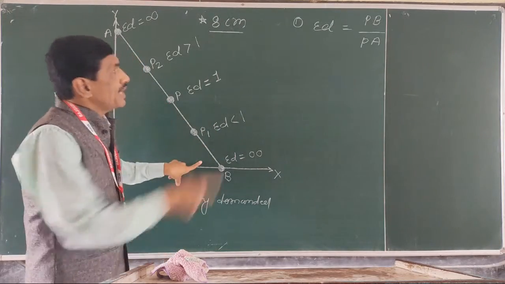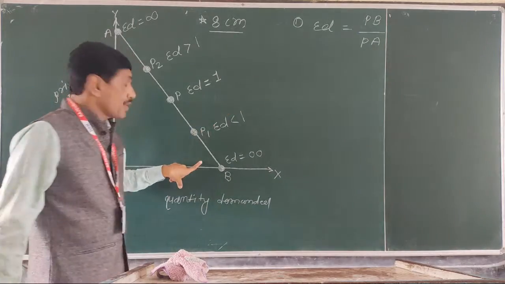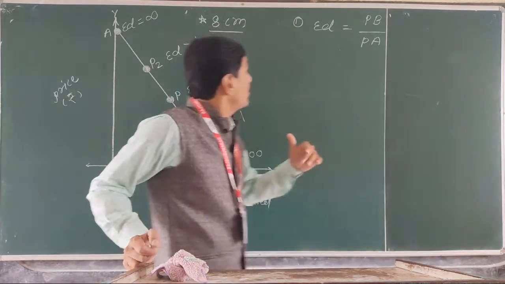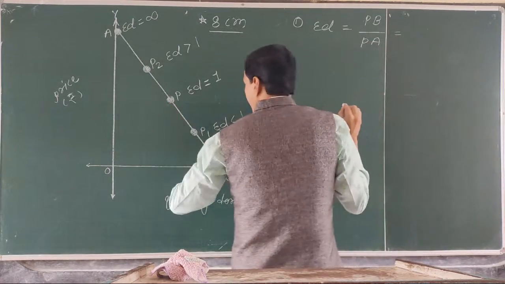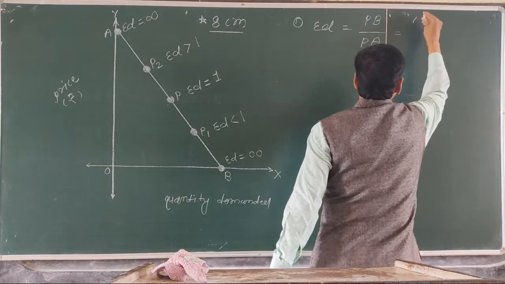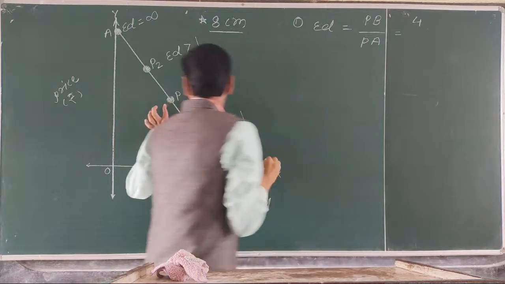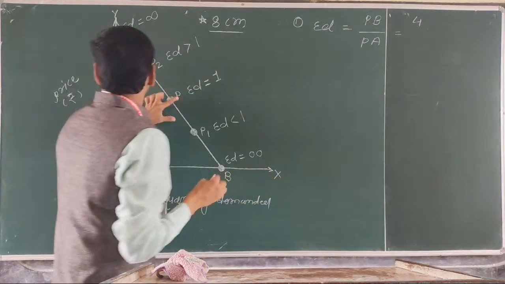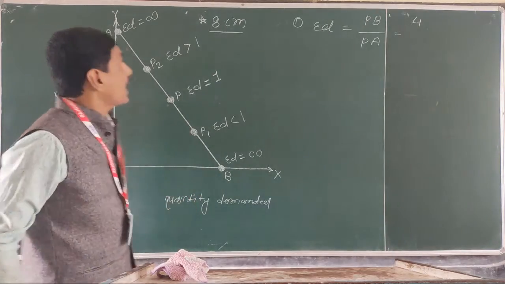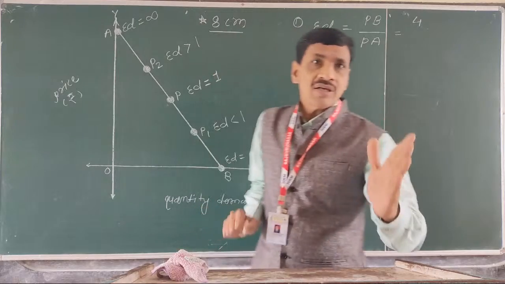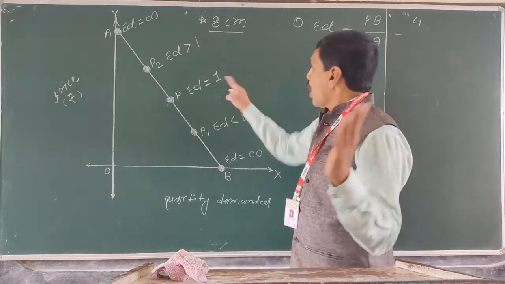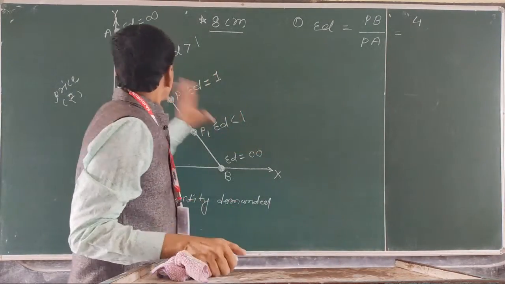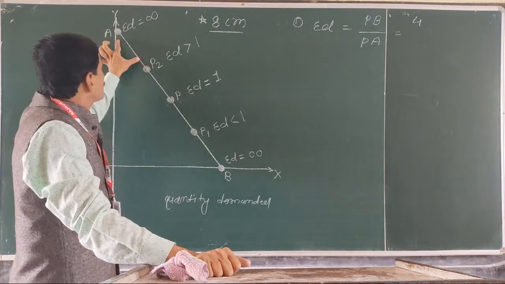So ED is equal to PB upon PA, which means L upon U. PB means 2 plus 2, which is equal to 4. PA is the upper segment on the demand curve above the given point, from point P to A. It has the same length, 2 plus 2, 4.